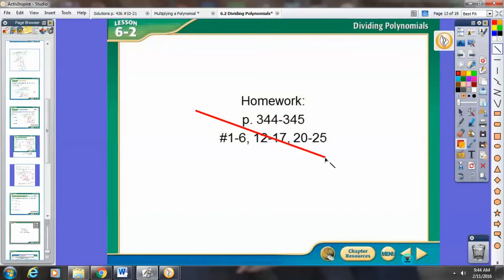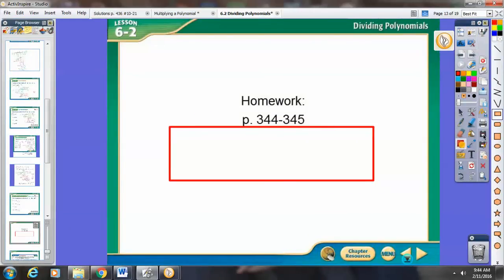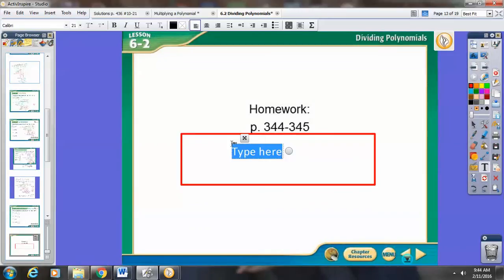Okay, hang on just a second, guys. I need to change this assignment a little bit. We're going to do 1 through 5, 12 through 17, and 20 through 22.